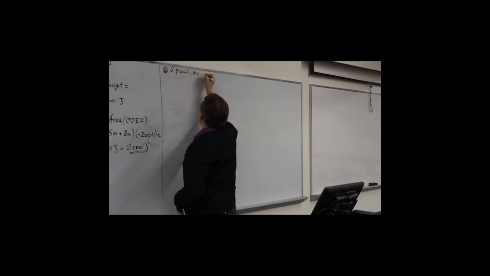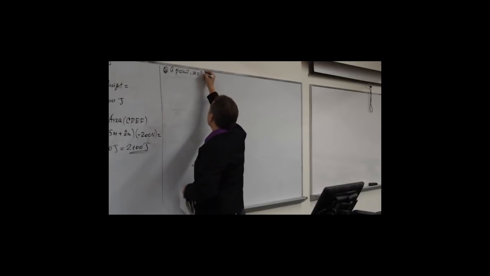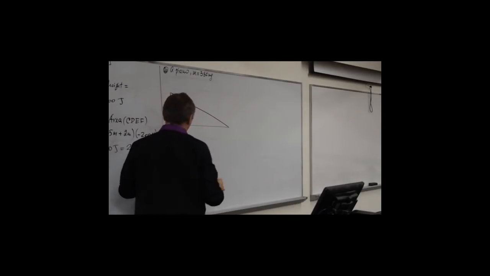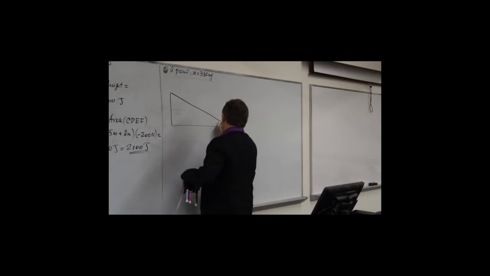So mass is 380 kilograms. So this ramp, or the inclined plane, okay, let me make it not as steep as I was planning first. Angle of inclination, which letter is theta?